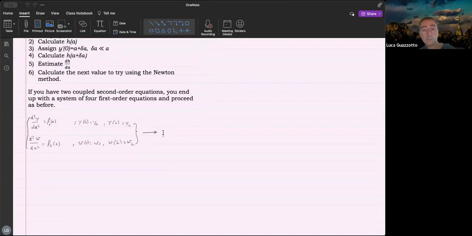I'm going to try some values for the derivative. Say y prime of 0 equal a and w prime of 0 equal b. And then I can integrate from 0 to L as before.